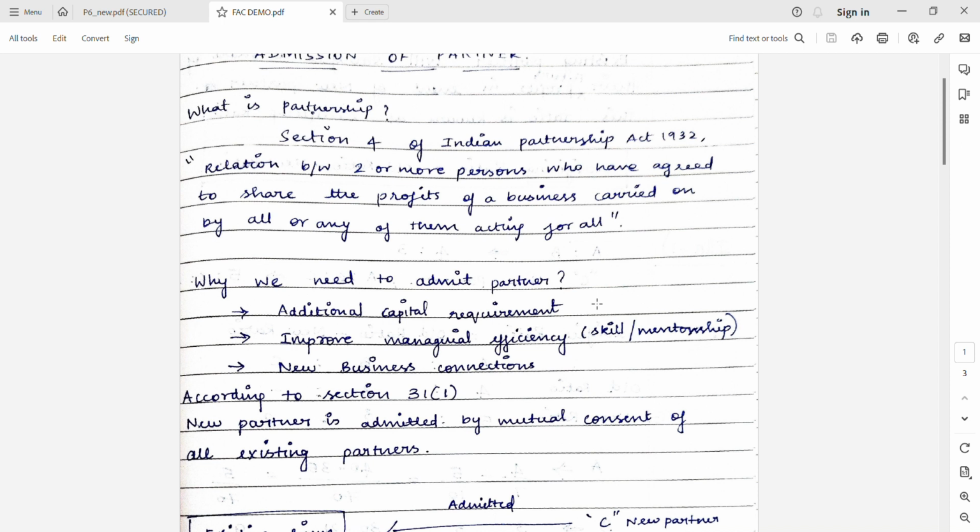The next one is foreseeing new business connections. For the purpose of acquiring new business connections or new businesses through that new partner, they will be admitting that new partner. The new partner can be admitted only with the mutual consent of all the existing partners.